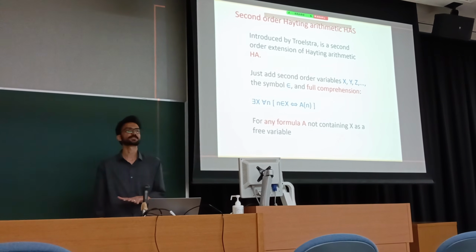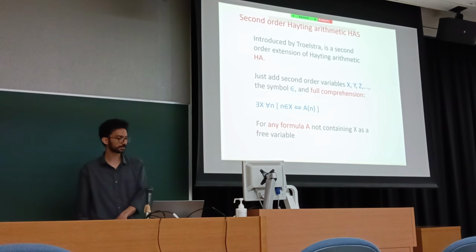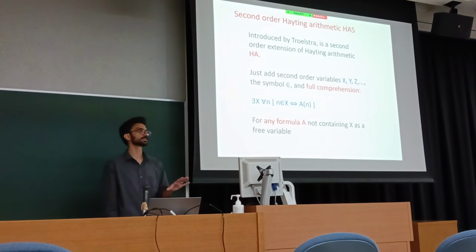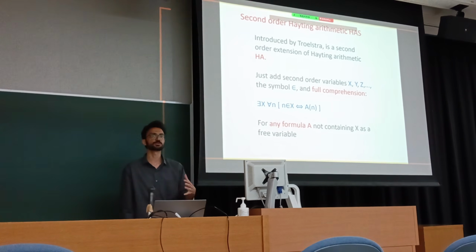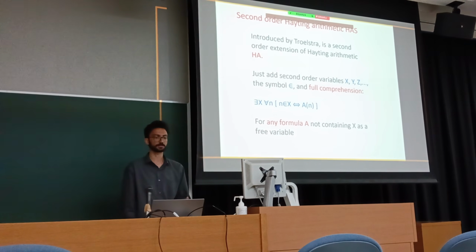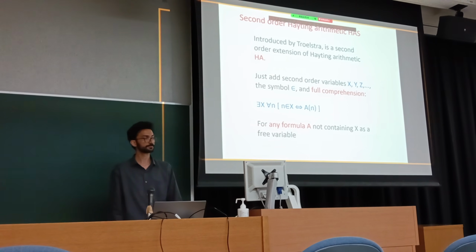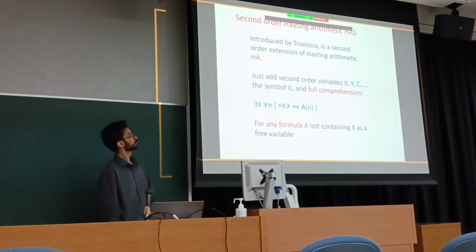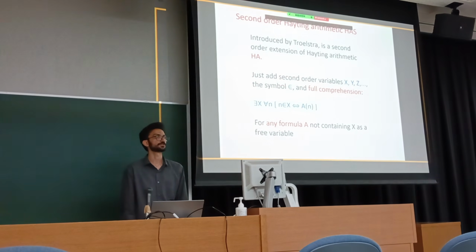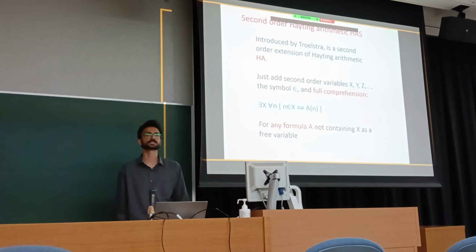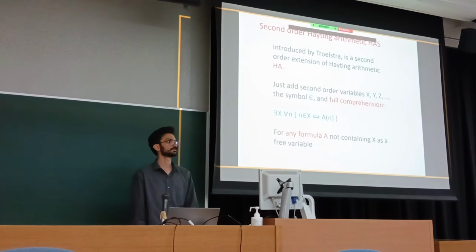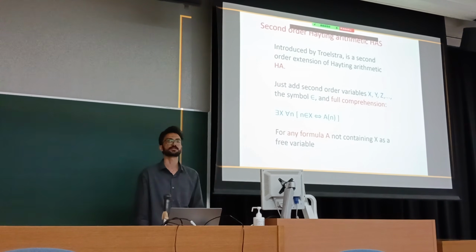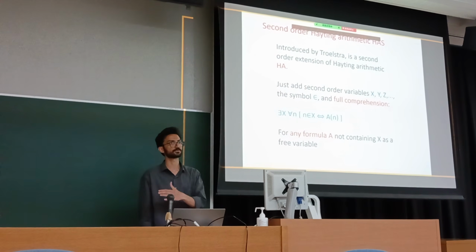HAS, second order Heyting arithmetic, is a second order extension of Heyting arithmetic, HA. You just need to add second order variables, capital X, capital Y, capital Z, and the membership symbol, and the full comprehension. The full comprehension says that if you have a formula in the language, then you have a set which is defined by that formula.